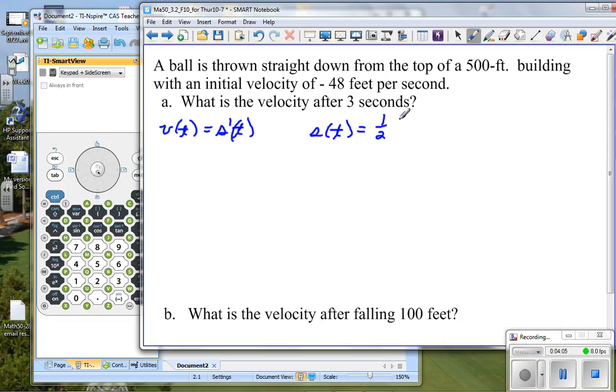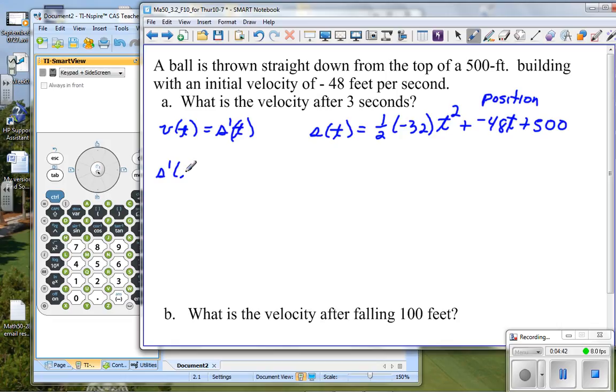Now we're talking about on Earth here, and so we're going to put in negative 32 for the gravitational pull, g t squared, plus it has an initial velocity, so it's negative 48t, and we are throwing it down from a 500-foot building. So that's going to be our position function, and we need that first before we can continue on.